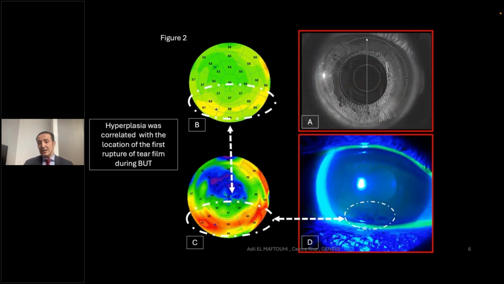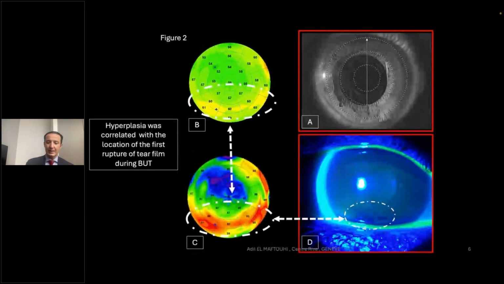In my daily practice, we observe this hyperplasia in the same area of the first break of the tears. And look here, we can make a comparison about this hyperplasia the first time, in this case, with a small point of keratitis.